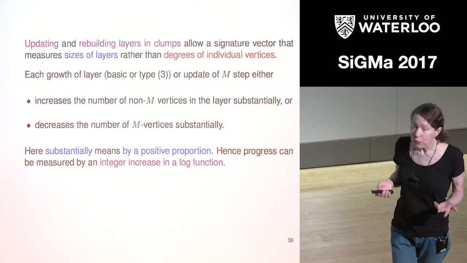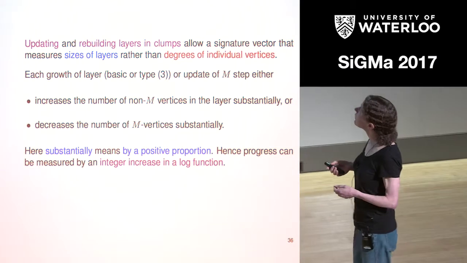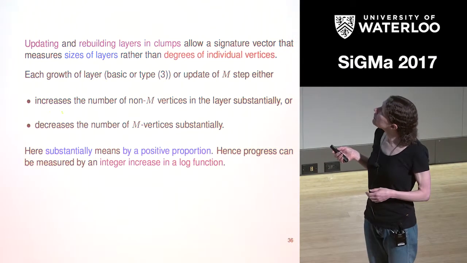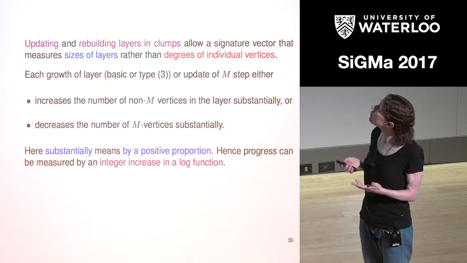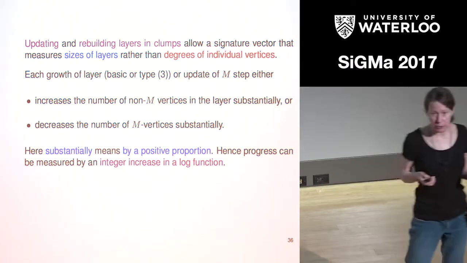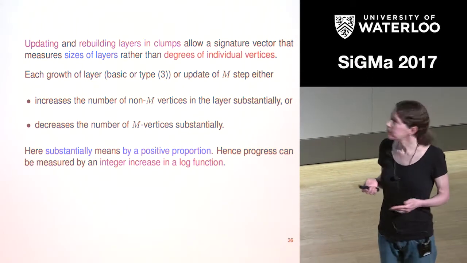So every growth of layer step, the basic one or the type 3 one, if you think about those pictures I showed you, these things either increase the number of non-M vertices in a layer substantially, that is by a positive proportion, or decrease the number of M vertices substantially.